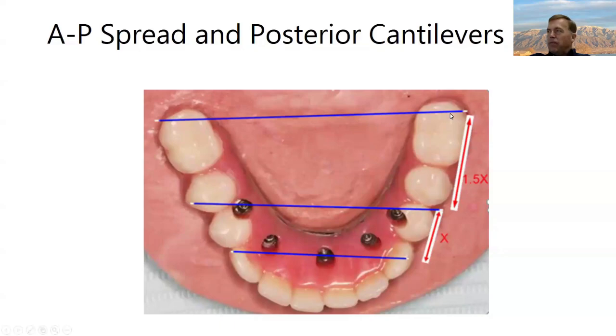Now, if I have an implant here, and I put 25 newtons in between here, now all of a sudden it's 12.5, and no force trying to pry my implants out. What does this mean? It means there are going to be times where we may need to use a cantilever, but doing 1.5 times AP when we don't need to is just creating potential failure that we could avoid with different implant placement.